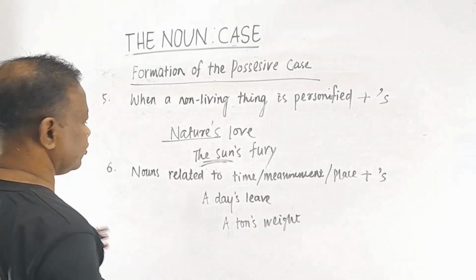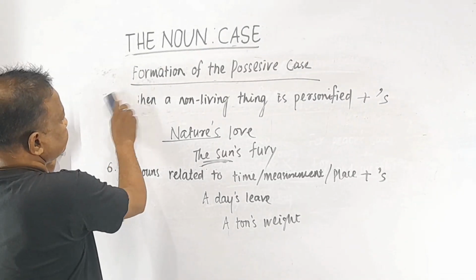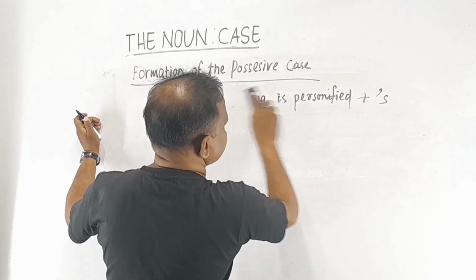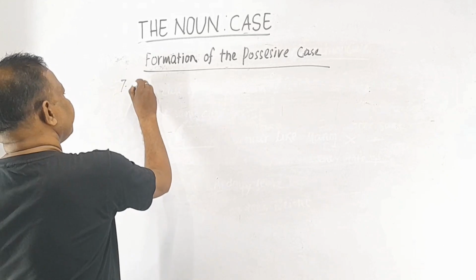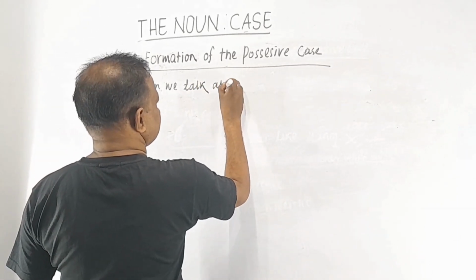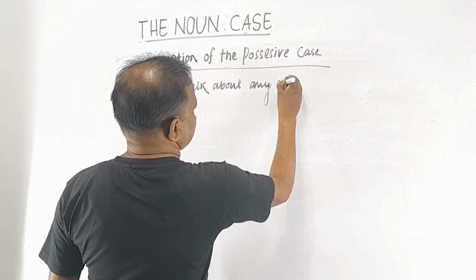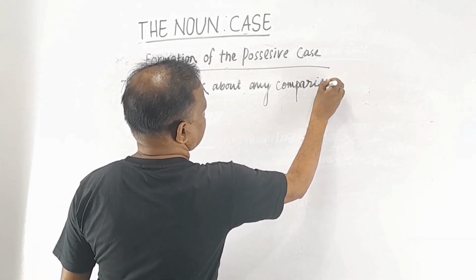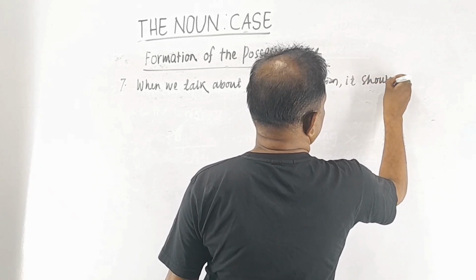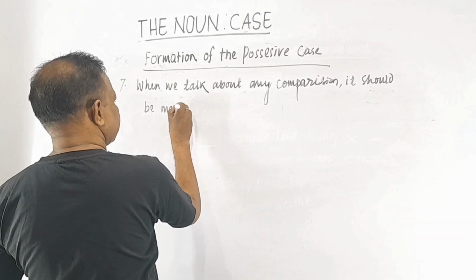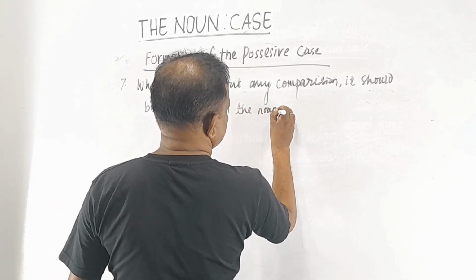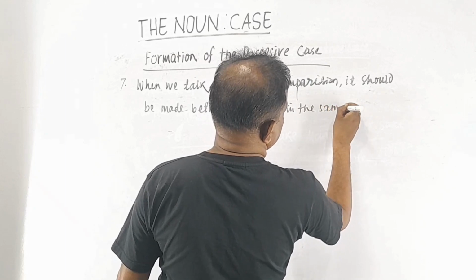Okay. Next, rule number 7. When we talk about any comparison, it should be made between the nouns in the same case.